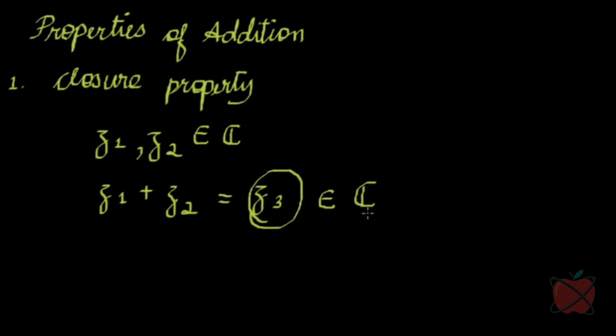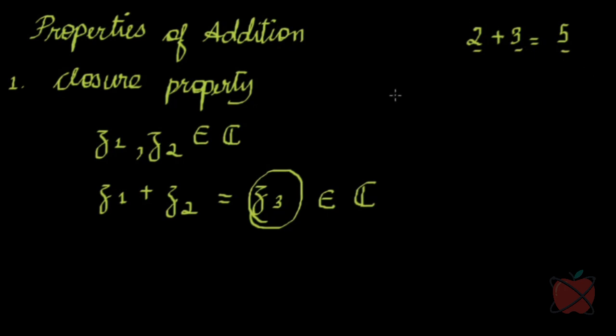So if you want to understand this better, let me just give you an example in terms of real numbers. If I take 2, it's a real number, and I take 3, that is also a real number, and if I add them, my answer is 5, which is again a real number. So I took two real numbers and I got an answer which is also a real number. So that is called closure property.